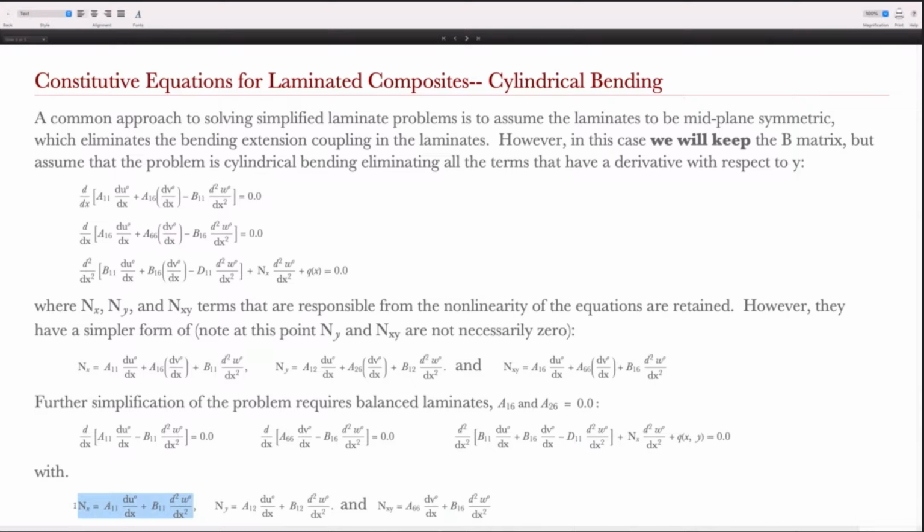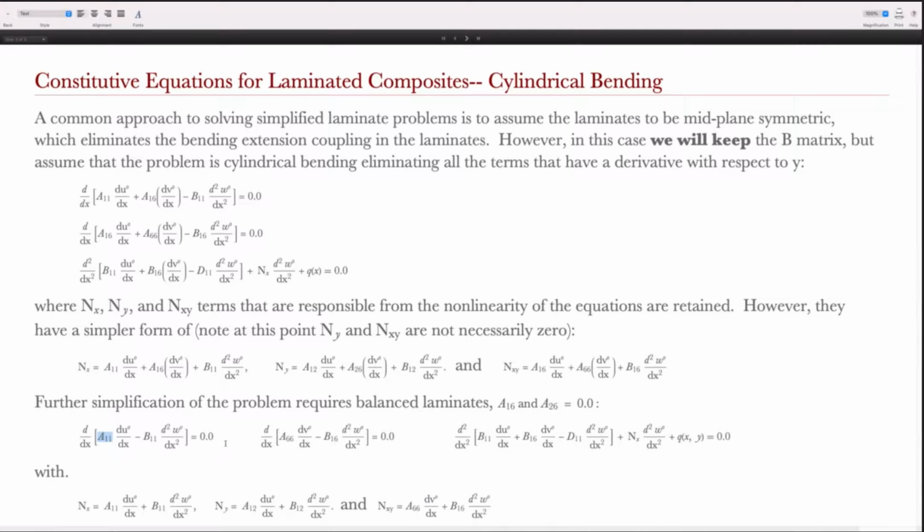So I'm getting closer to a form that I like to solve, but I'm not there yet. I'm going to make some more simplifications on these. The next simplification is that these A's, B's, and D's are, in general, not functions of the XY coordinate of the laminate.